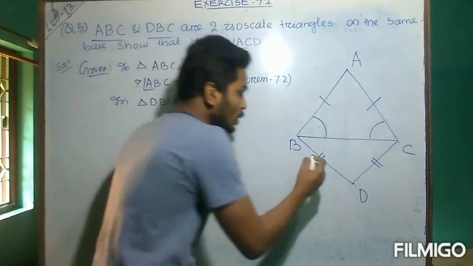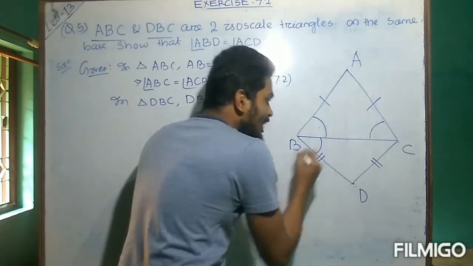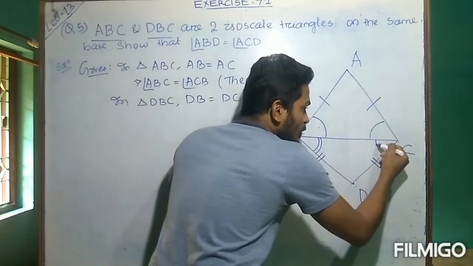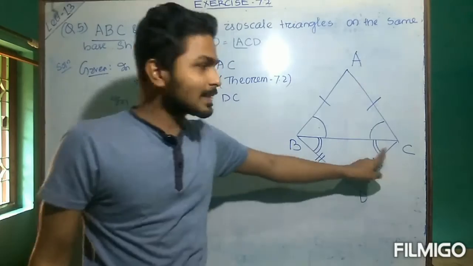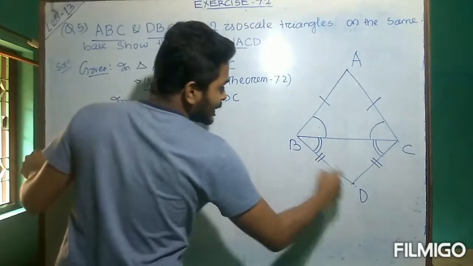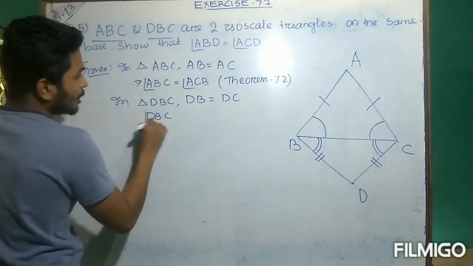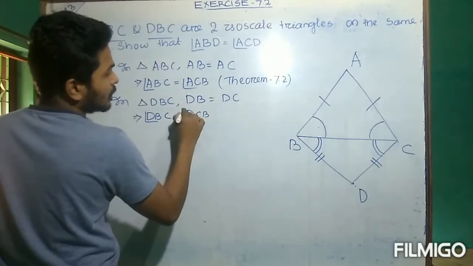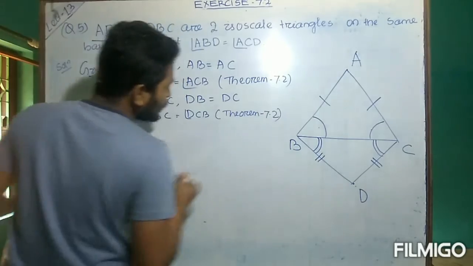According to theorem 7.2, if any two sides of an isosceles triangle are equal, then their opposite angles are equal. It means this angle must be equal to this angle. So we have to write that angle DBC is equal to angle DCB by theorem 7.2. Every bit needs to be written.